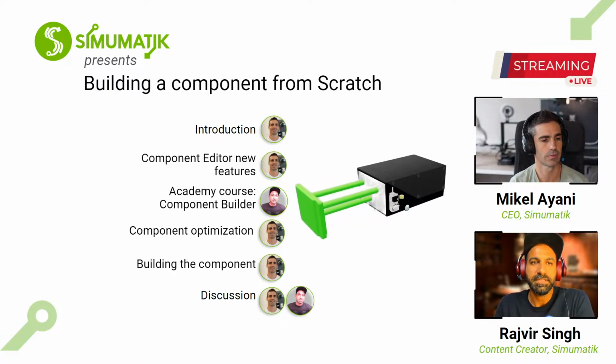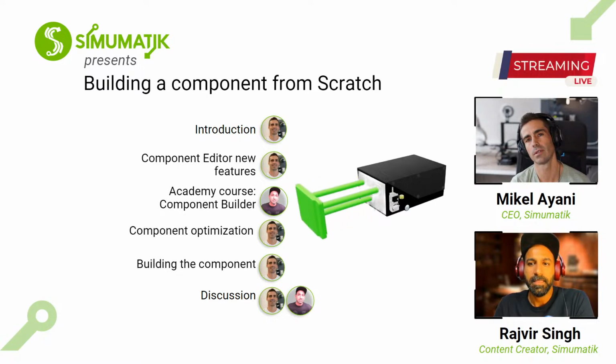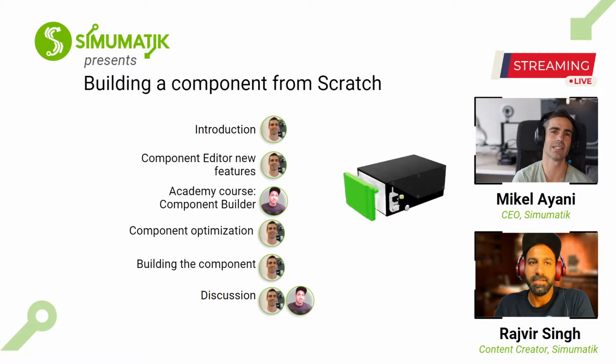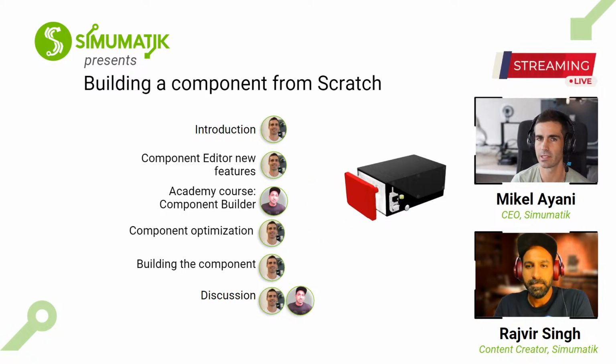Before we start, I just want to know from your opinion, what kind of skills someone should have to build a component? I mean, it is important to have basic 3D or CAD modeling skills because it's quite important to be able to play with the 3D aspect or the visual aspect of the component.